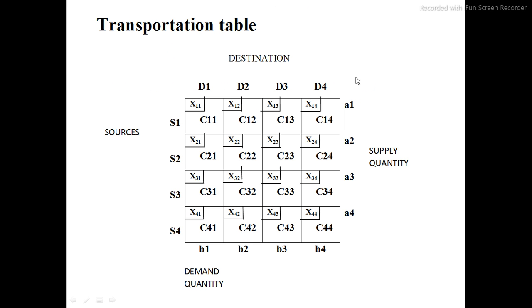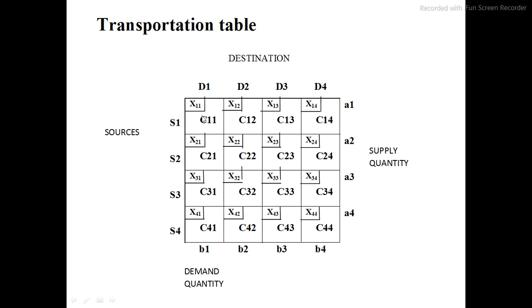As we read in the last class, what is the transportation table, what do you mean by a source, a destination, a demand quantity, and a supply quantity, and what are C11, C12: the cost per unit, and this is the quantity.